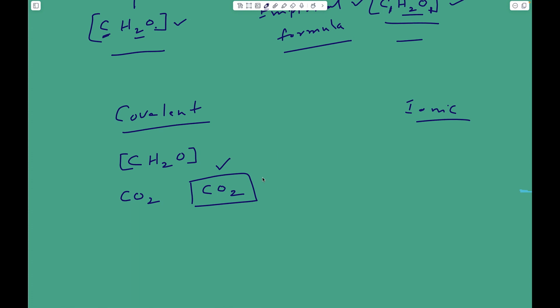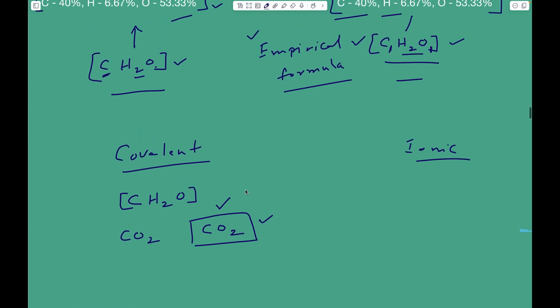So in this case, we can clearly identify the compound just by looking at the empirical formula. So in case of covalent compounds, it may not be possible to identify the compound just by looking at an empirical formula.